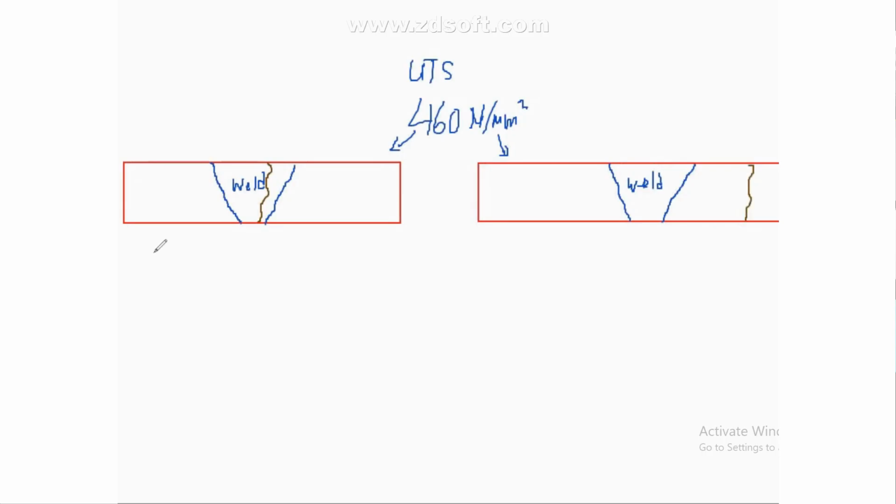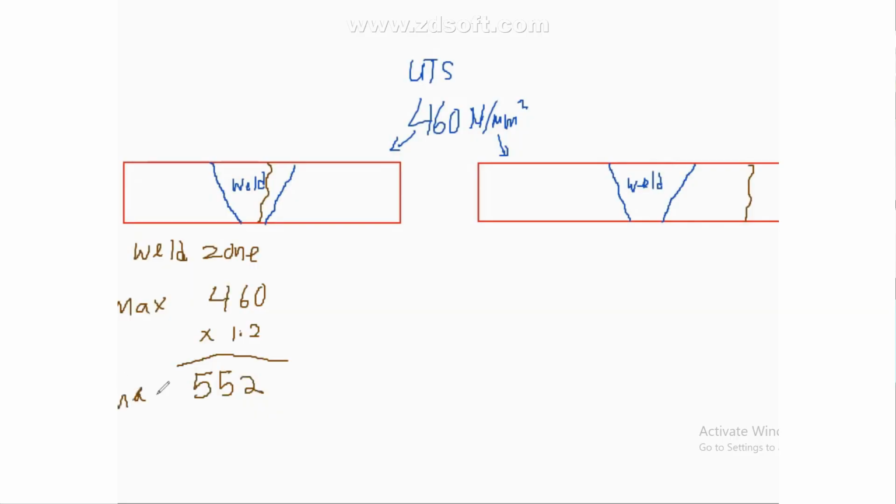For the weld metal break or weld zone, they give a maximum of 460 times 1.2, 20% above. So here we got a value of 552 maximum.